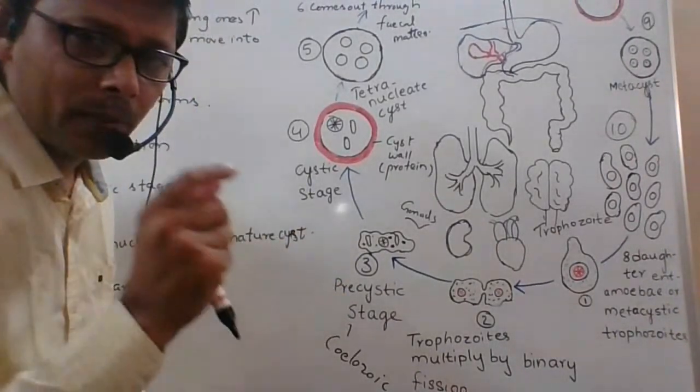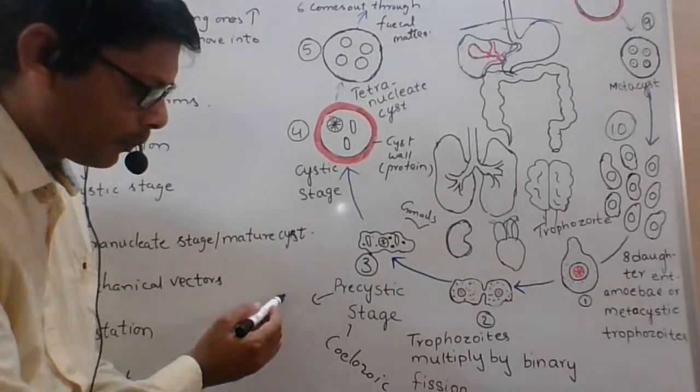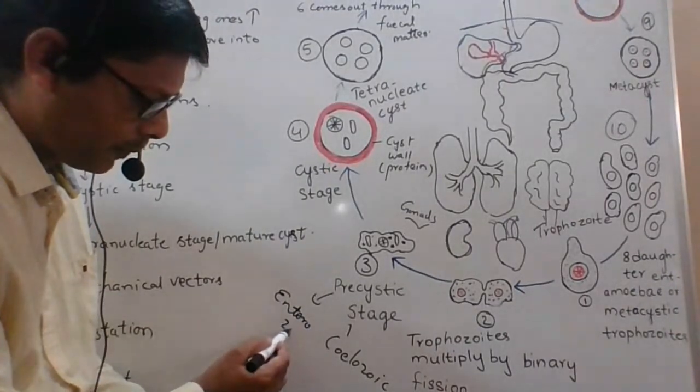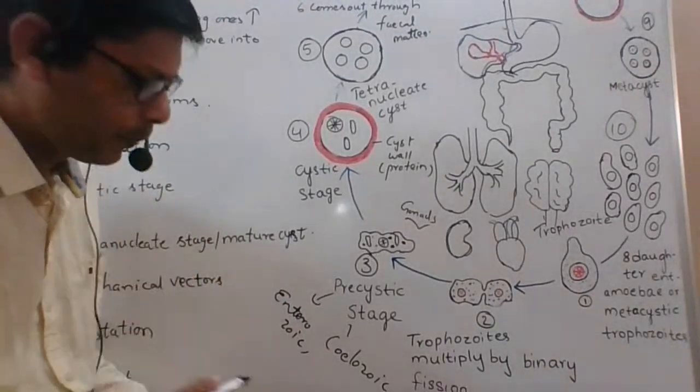Pre-cystic stage of Entamoeba histolytica. As it lives in the gut, it is enterozoic because it is living in the gut.